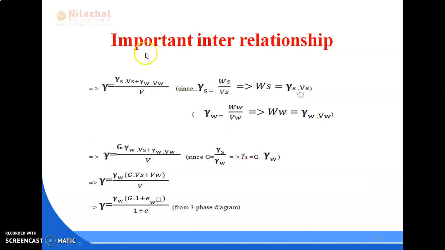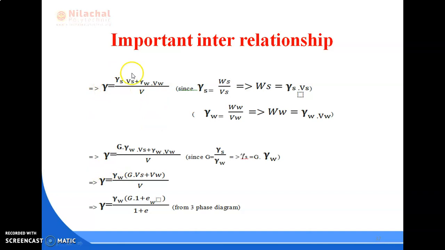We know gamma S equal to Ws by Vs, or Ws equal to gamma S into Vs. Put this here. Same thing here, gamma W equal to Ww by Vw, or Ww equal to gamma W into Vw. Again we put this value here, whole divided by volume V.